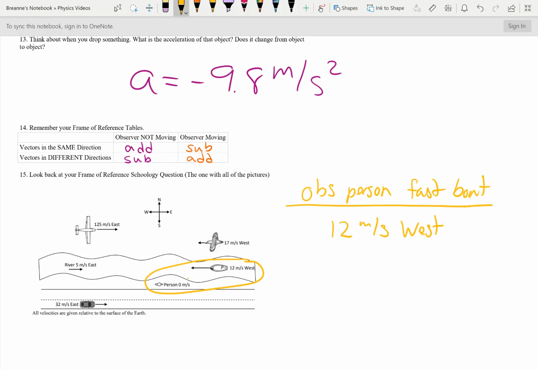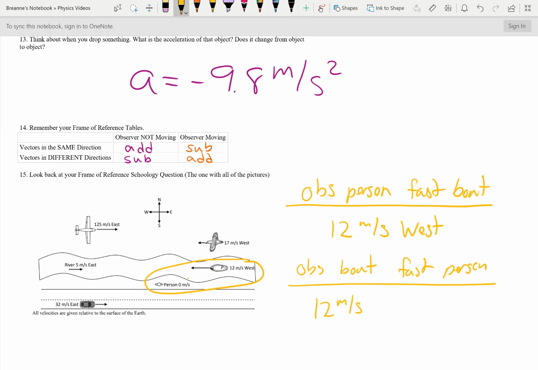Let's say the observer is the boat, and it's asking how fast is the person. Again, the person's not moving, but the boat is. So the person still seems like they're going at 12 meters per second, which is how fast the boat is.